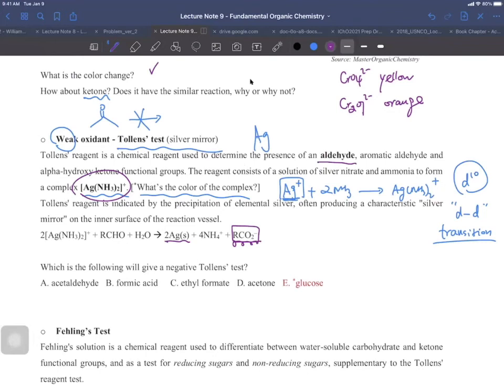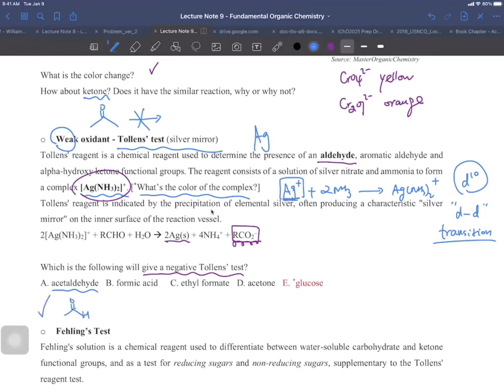So there is an example. Which of the following will give a negative Tollens test? A negative Tollens test means there's no silver mirror produced, which means there's no aldehyde group in the structure, right? Let's have a look at all of the options. Acetaldehyde, which is the aldehyde with 2 carbons.